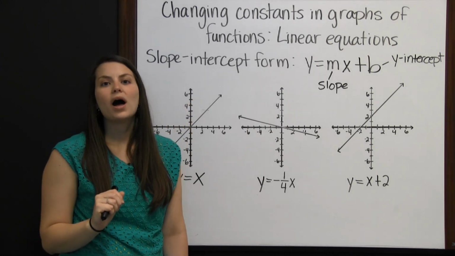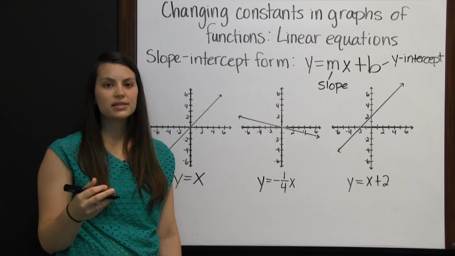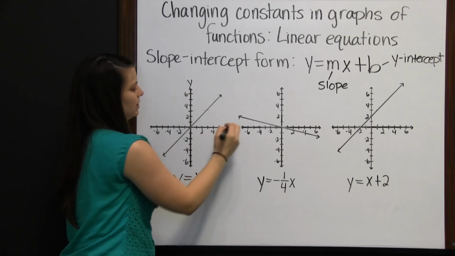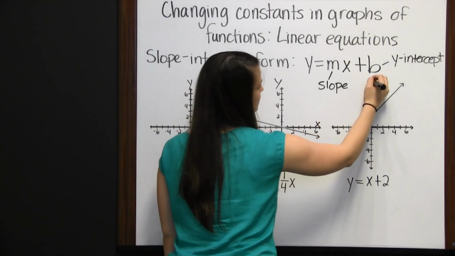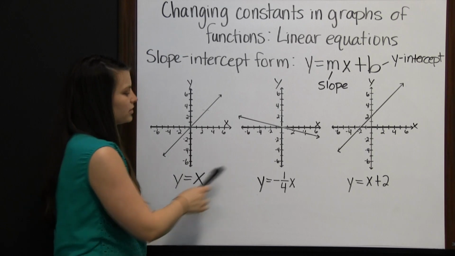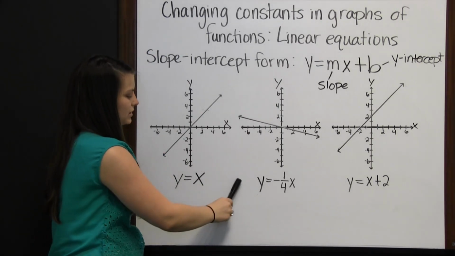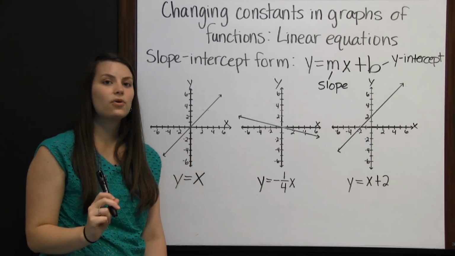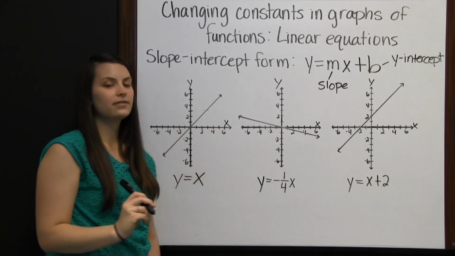B, again, is the y-intercept, which means that's where your line crosses the y-axis. And this is the y-axis here, x-axis, y-axis. So in the first and second graph, the y-intercept is 0, which is why it's crossing the y-axis at 0, the origin, for both of these graphs.